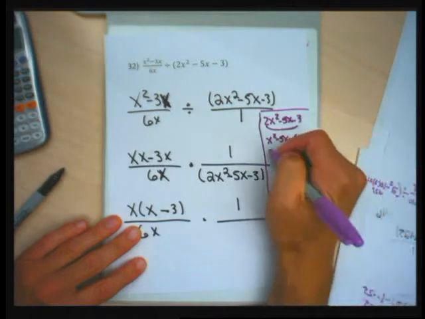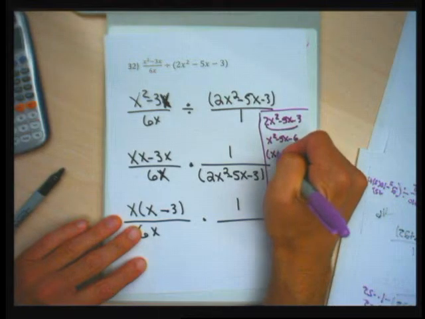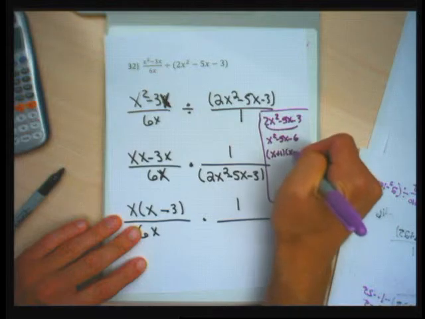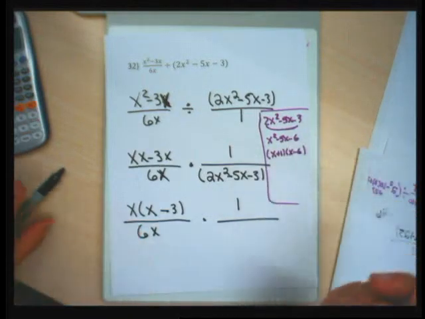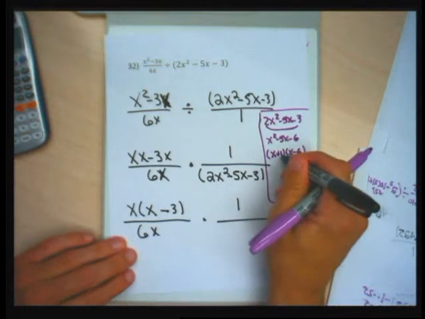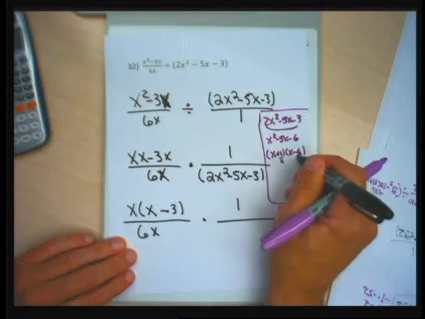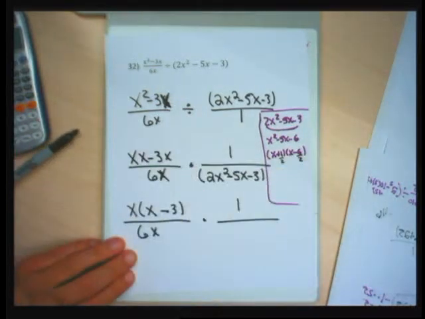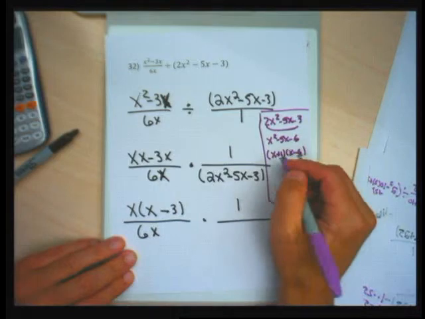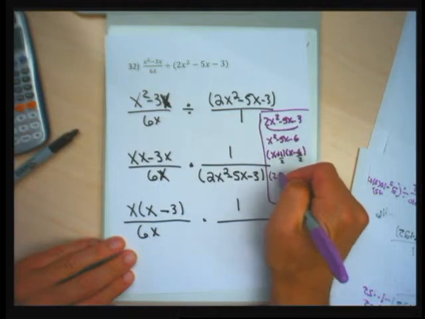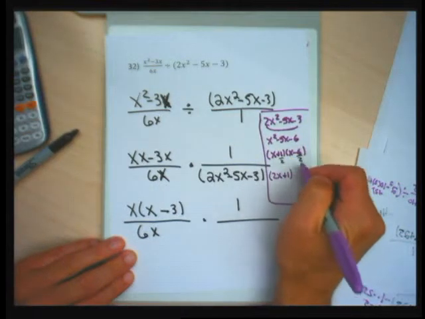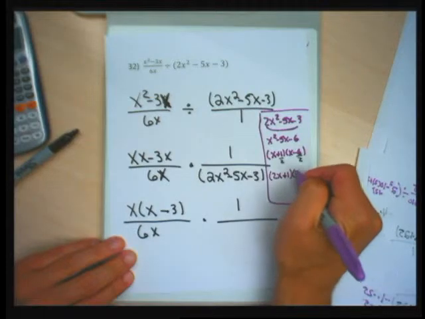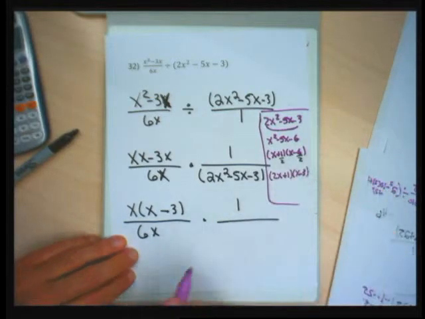I factor that into x plus 1, x minus 6. I divide, reduce, and bottoms up. I started off multiplying by 2, I'll divide by 2. The x plus 1/2 doesn't reduce. I bottoms up to 2x plus 1. The 6 over 2 reduces to 3, and I get an x minus 3.